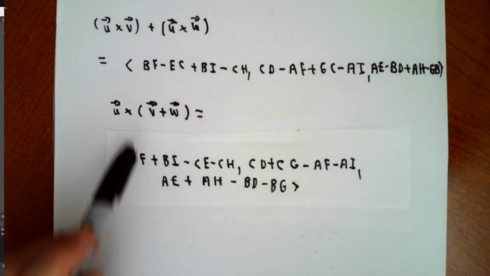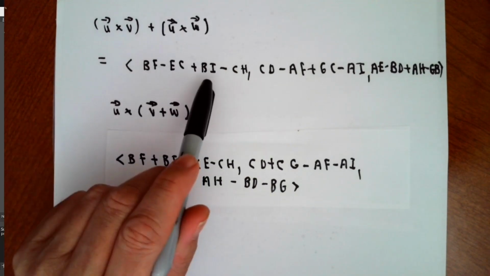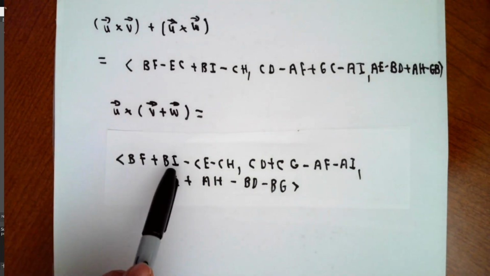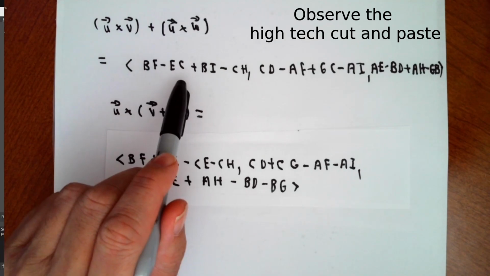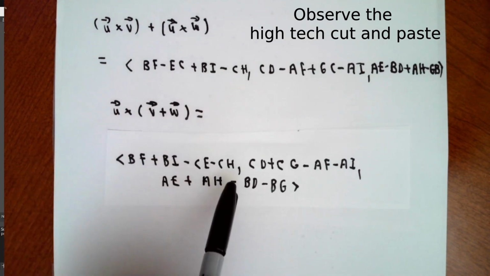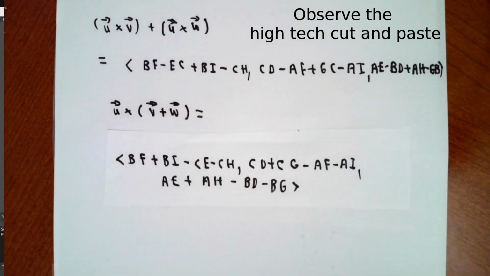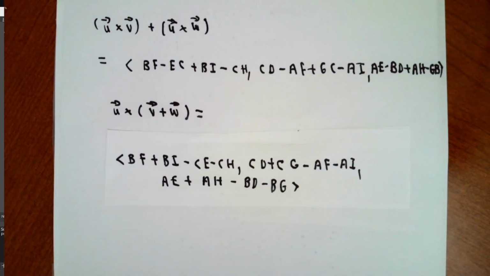B times F plus B times I minus the product of the numbers C and E, minus CH. The first components of those two vectors are always the same, no matter what these components are. And if you compare the second components, you see that they are the same also, and so are the third components.